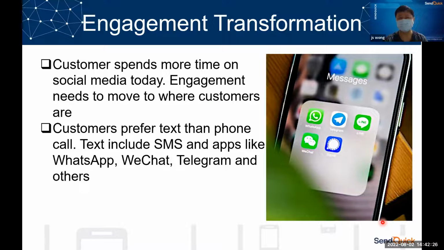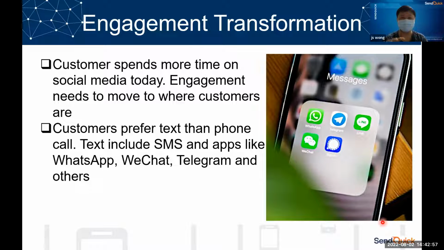SendQuick is the only product today that is able to aggregate. Today, we aggregate about 14 channels, including Teams, WeChat and WhatsApp, into one single platform, whether on-premise or cloud, for two-way messaging. So whether it's for notifications, for alerts, or for customer engagement, SendQuick is the solution that allows you to reach out to all the different channels and then integrate through API to all applications.